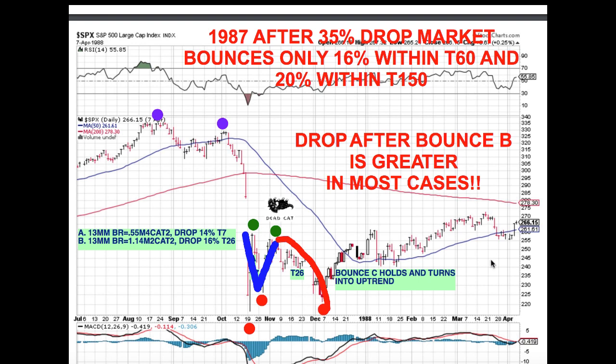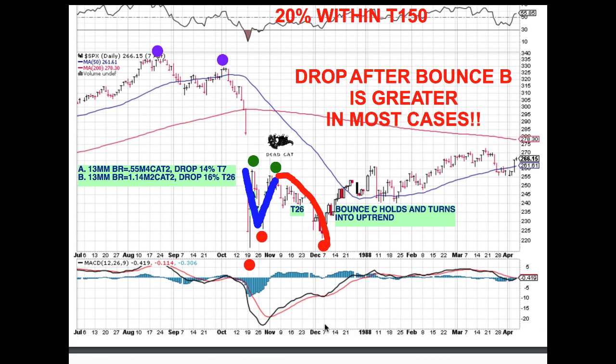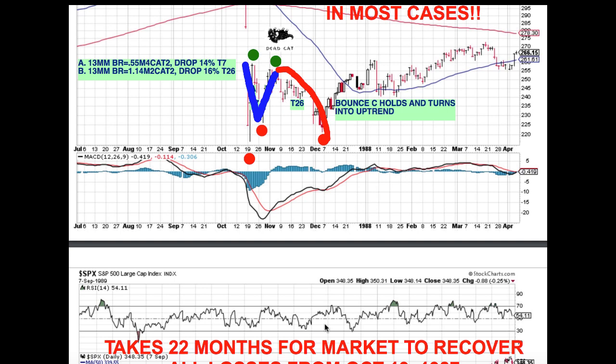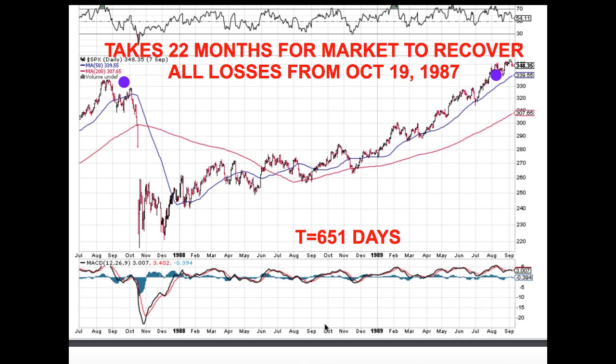After that, the bounce holds and moves higher. But the idea and the structure are pretty much identical. You get this incomplete V formation that is followed, after bounce B, by a further drop. The drop after bounce B is greater in most instances, as you can see from everything I've shown you. The drop after bounce B is substantially greater.